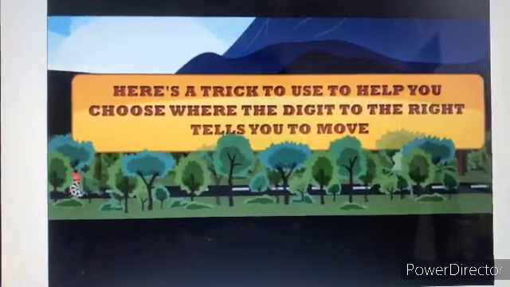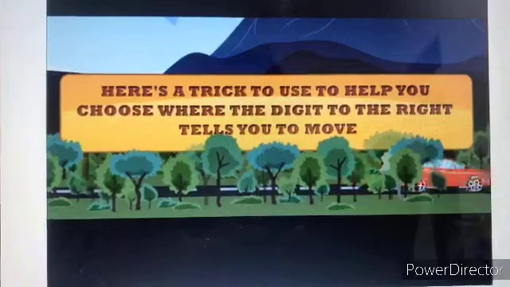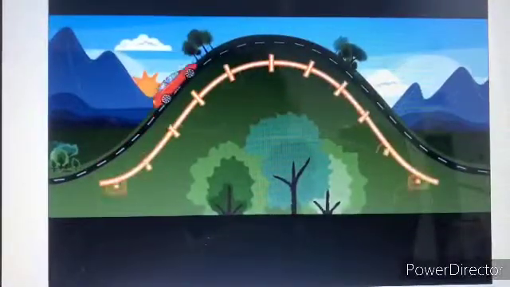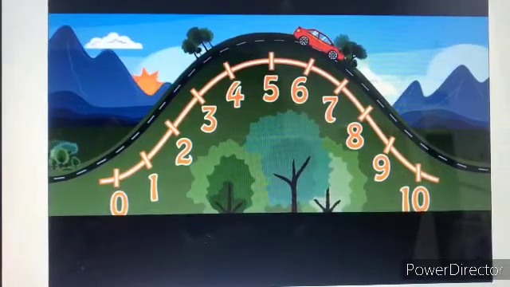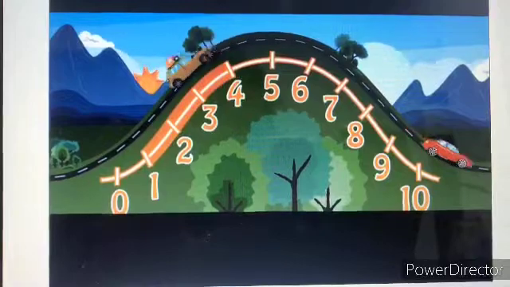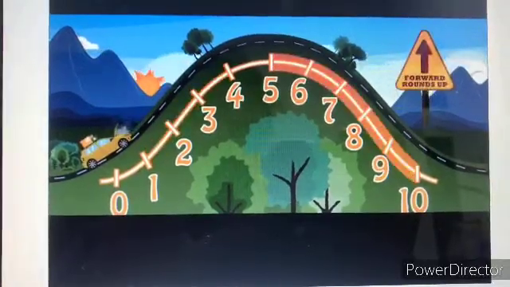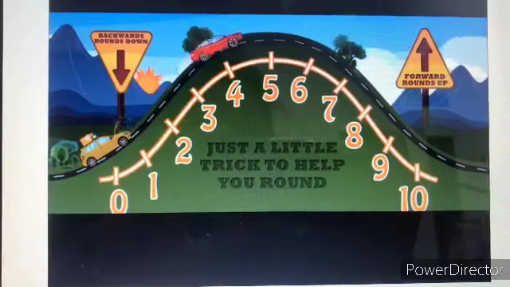Here's a trick to help you choose where the digit to the right tells you to move. Draw 0 to 10 on the hill with 5 on top. A car drives until it comes to a stop. If it's 5 or more, it moves forwards. If it's 1 through 4, it moves backwards. Forward rounds up, backward rounds down.